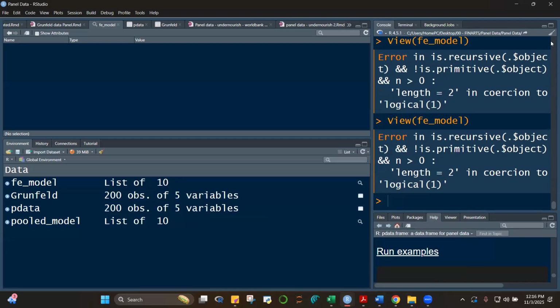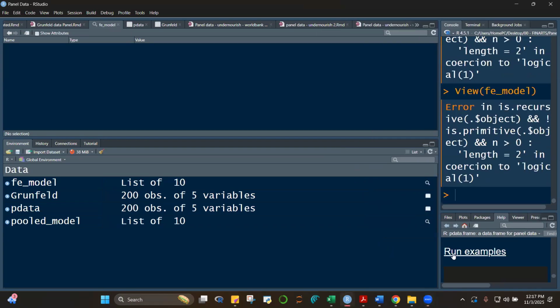Why did I get an error? Why? Why the error? Wait, is recursive and is primitive. Okay, sige.